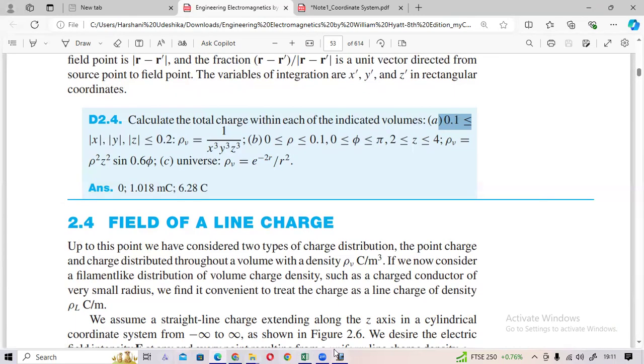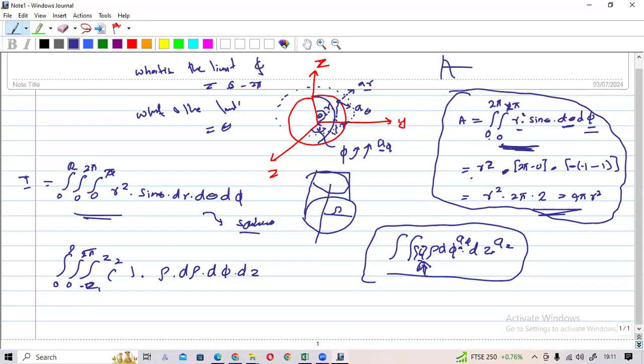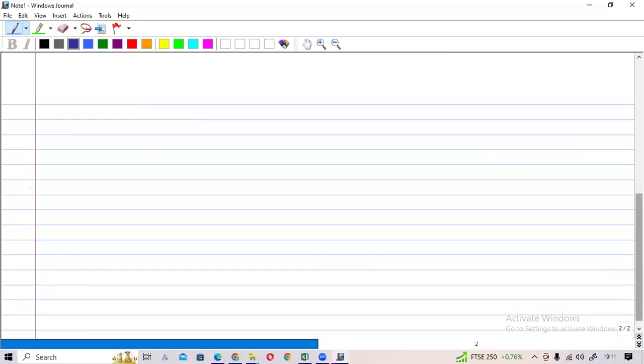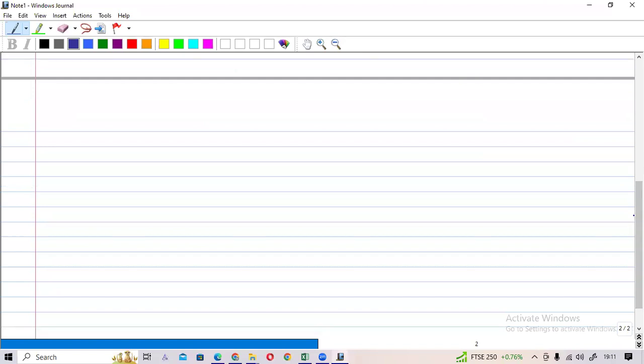For example, if we say that magnitude of x is greater than 0.1, what does it mean?